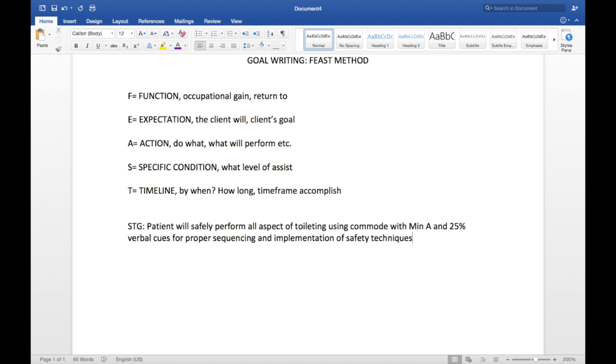Okay, so let's call this our short-term goal. So first thing we're going to look at is patient.